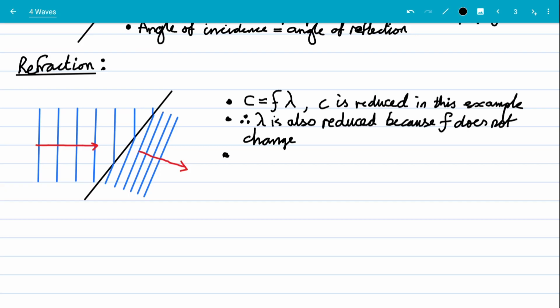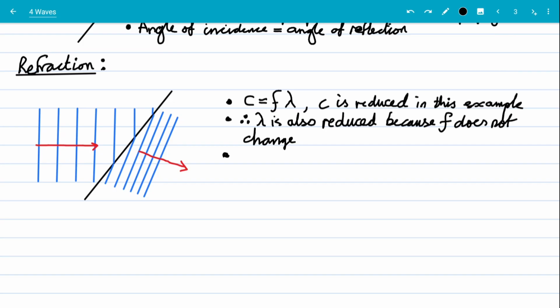What we're talking about here is a geometric observation that the only way to get the wave fronts all lined up before, the wave fronts all lined up afterwards, and yet the wave fronts closer together afterwards, is for the wave fronts to change direction. This is the only way geometrically we can produce this effect. The only way we can produce this effect geometrically is for the waves to change direction.